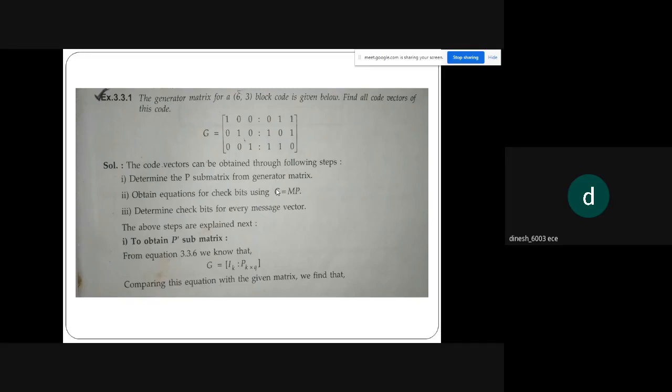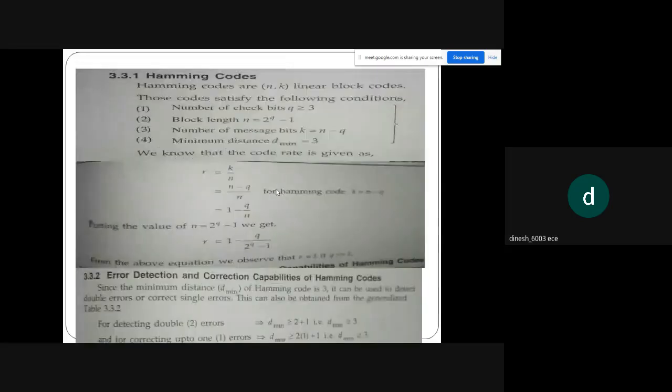G is equal to I_K identity matrix followed by the P submatrix. This formula we are going to take. Substitute K is equal to 4, Q is equal to 3, N is equal to 7. Easily we'll get the G matrix, generator matrix.